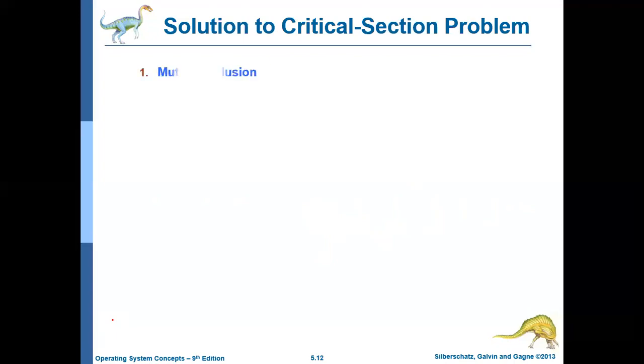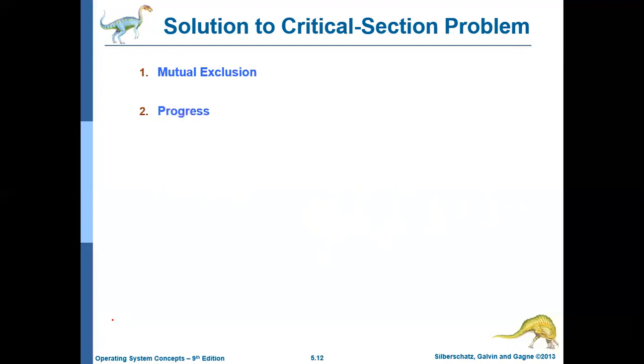The first one is mutual exclusion, which we already defined. It means that if one process is executing its critical section, then no other process should execute its critical section. If this condition is satisfied, then the algorithm is mutually exclusive.